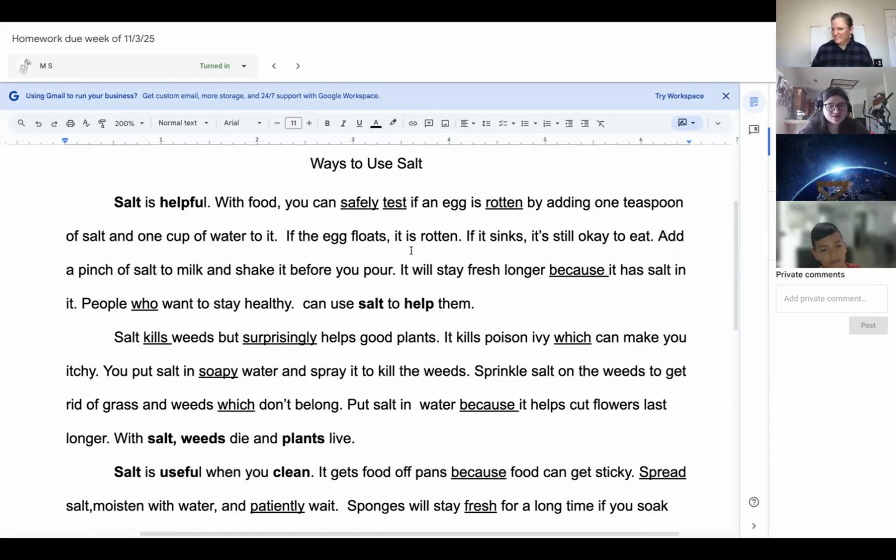Add a pinch of salt to milk and shake it before you pour. You got it. It will stay fresh longer because it has salt in it. People who want to stay healthy can use salt to help them.